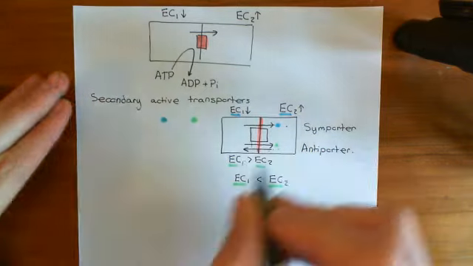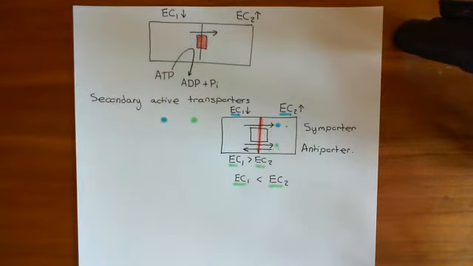So we've seen passive transporters, which are just going to move solute molecules down their electrochemical potential gradient. And we've then seen active transporters, which will move solute molecules up their electrochemical potential gradient, either by coupling it to a chemical reaction, and those are primary active transporters, or by coupling it to the movement of another solute molecule which will move down its electrochemical potential gradient.